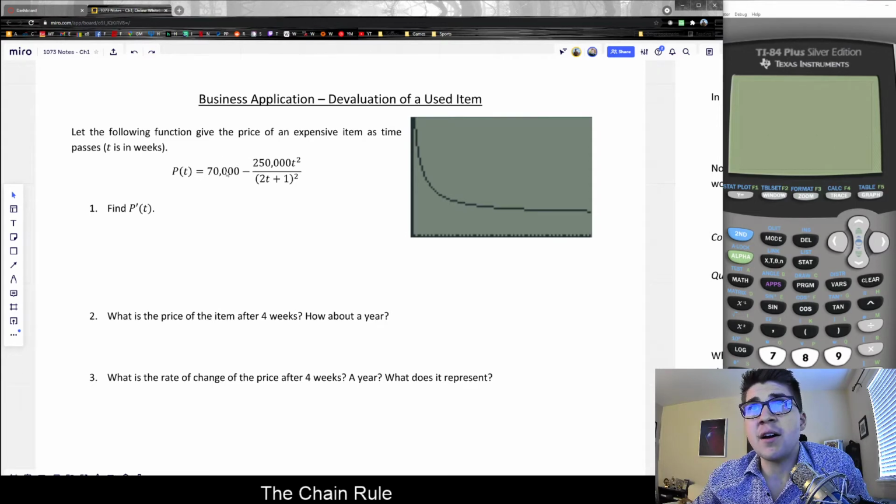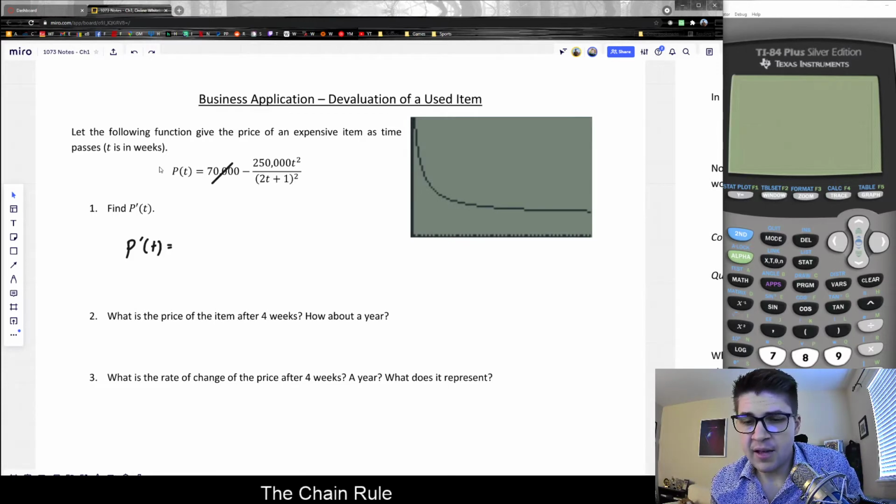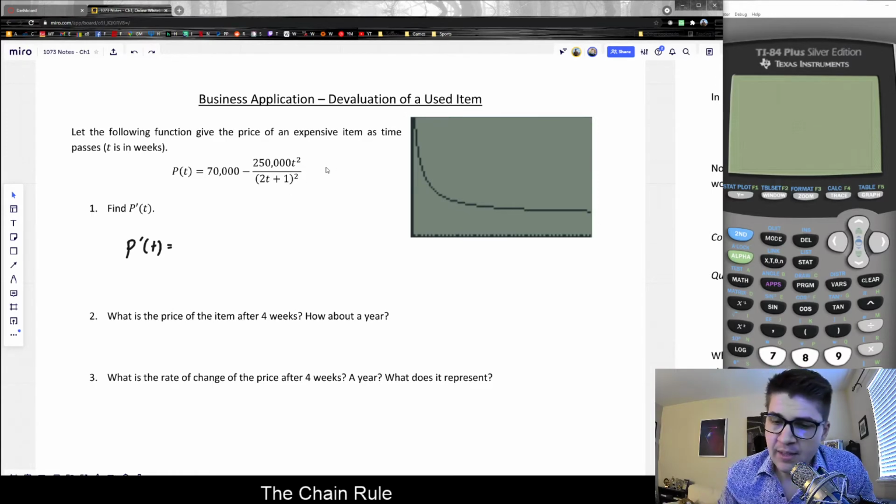The derivative of a constant is just 0, so I'll skip writing that. Then I need to take the derivative of the second part. This is a division of two things, so we can use the quotient rule here. Low d high minus high d low, square the bottom, and away we go. And it would be negative because there's a negative out front.